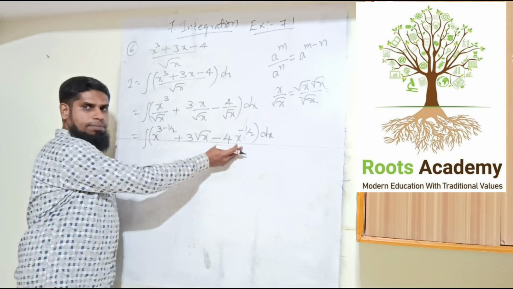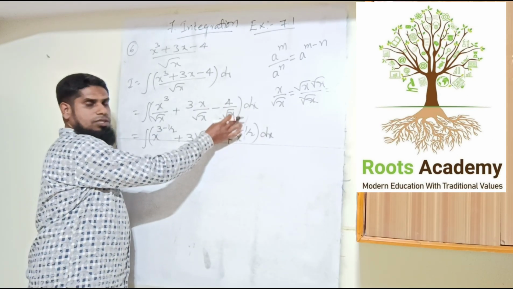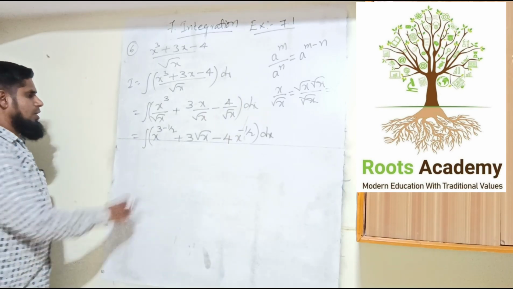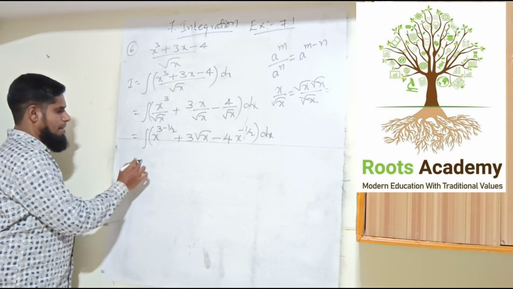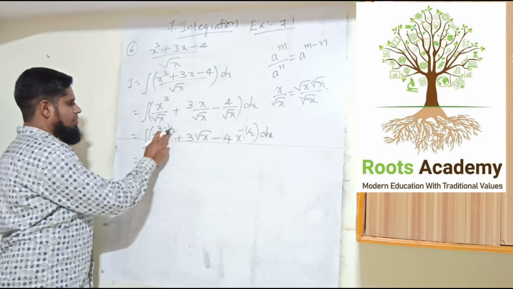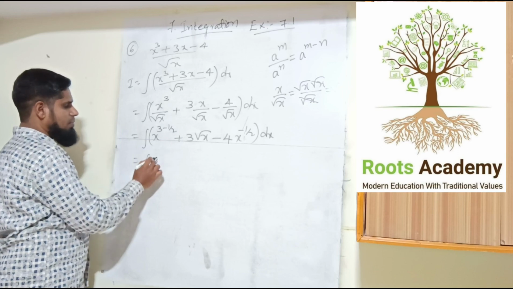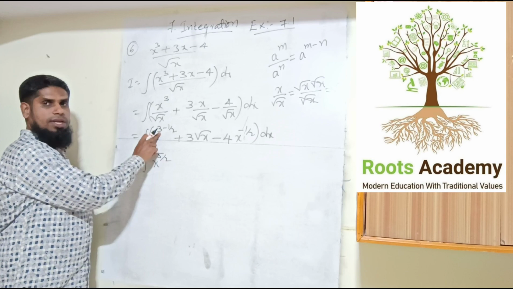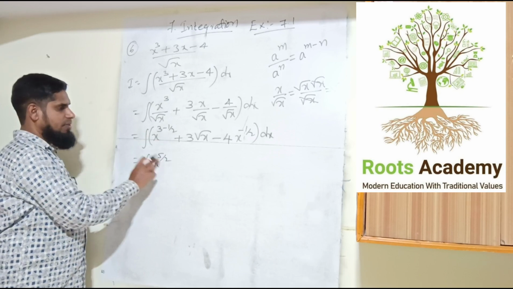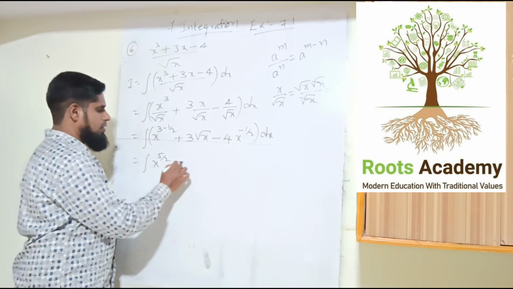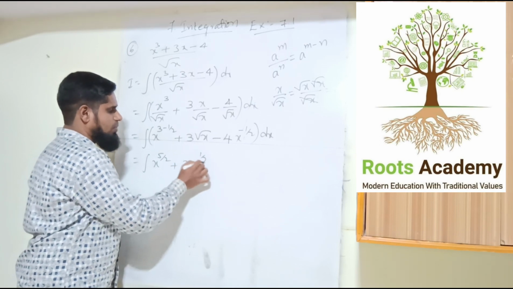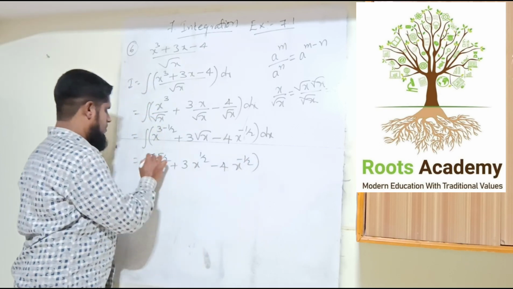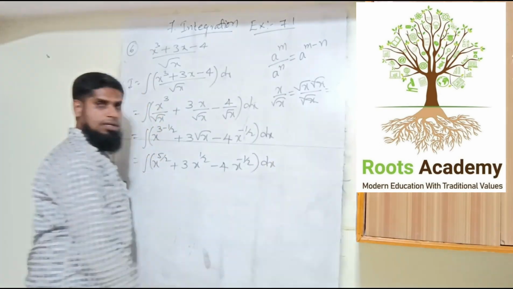I hope you understood this step, because here I shifted the denominator to the numerator, then the power automatically changes. Now 3 minus half, x power 6 minus 1, the LCM is 2, 2 into 3 is 6, minus 1, 5 divided by 2, plus 3 root x means x power half, minus 4 x power minus half, into dx.